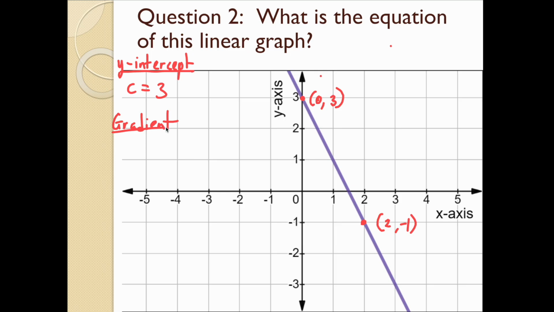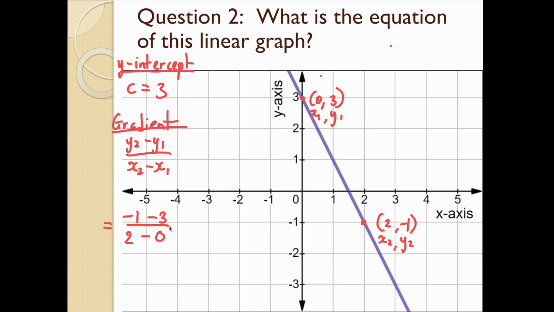So this is the format we want to look at: y2 minus y1 over x2 minus x1. So if I label this here x1, y1, and then I got here x2, y2. So y2 is -1. So -1 subtract y1, which is 3, over x2, which is 2, minus 0.